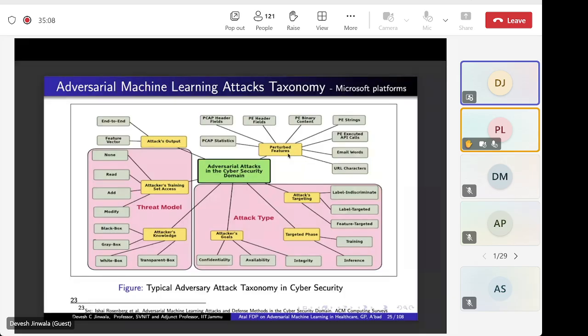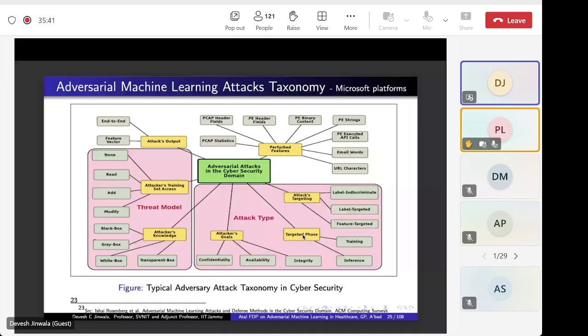If the attacker wants to perturb the features, then what are the probable targets which it can adapt? What would be the output which the adversary would be trying to achieve, by perturbing the features or by doing any of the other attacks? Whether the goal of the adversary is to target a particular user or a particular system or a particular process like training or testing or some other phase of the machine learning system, and what is the knowledge available to the attacker.